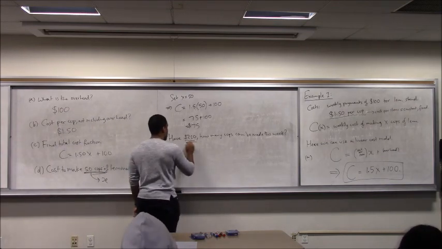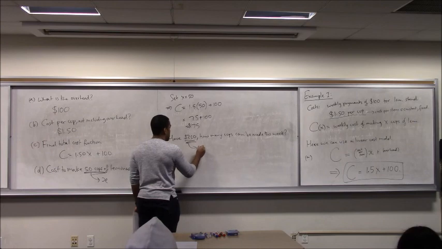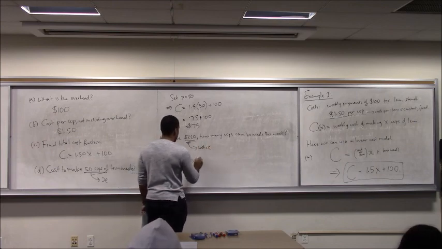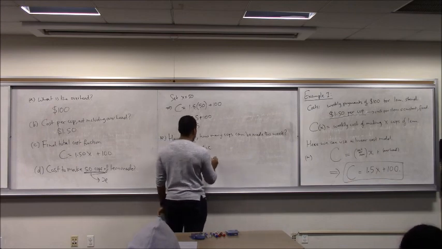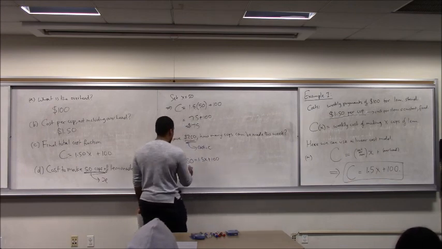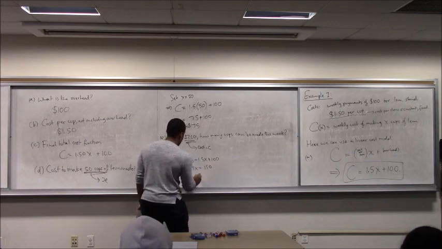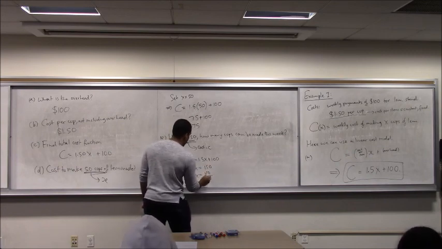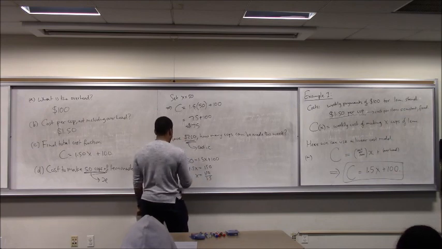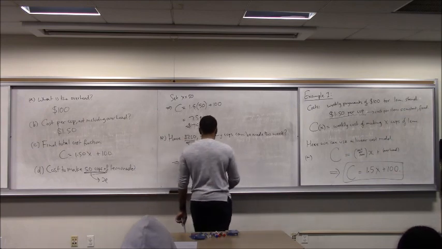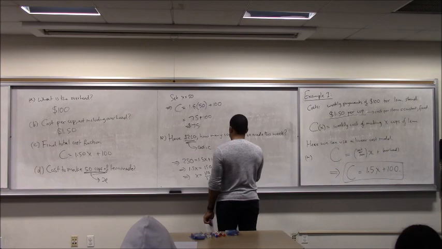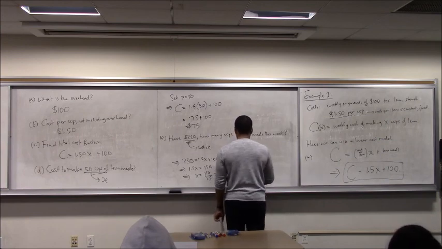That's the C, right? That's the money that we have. So that's your cost. So you just say 250 equals 1.5x plus 100, which means 1.5x is going to be 150, which means x is 150 over 1.5, which means this is 1500 over 15. So we could make 100 cups of lemonade.